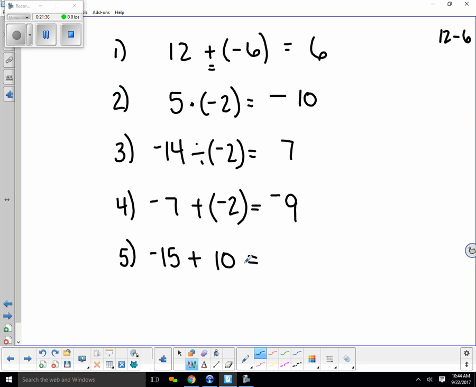Last one, what operation? Plus. Signs alike or different? Different, so it told me to subtract. So 15 minus 10 is 5, and which one was the larger one? It was negative, so my answer is negative.